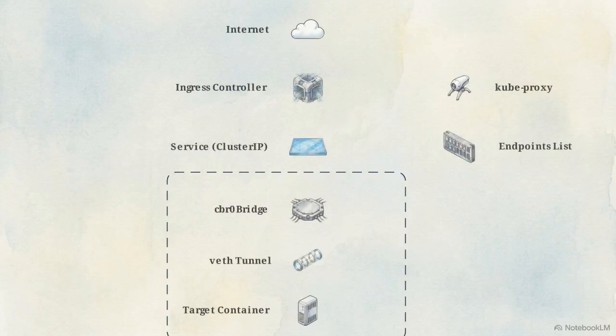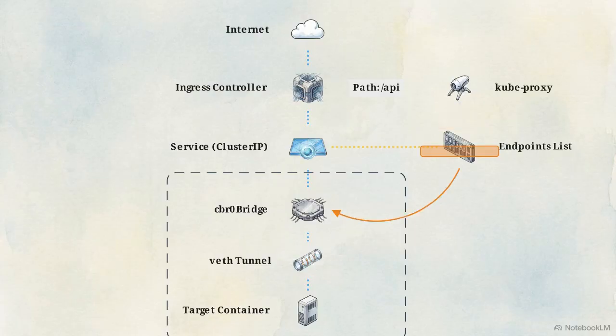the services. To synthesize this entire architectural stack, let's trace a real-world web request top to bottom. The request hits the single public IP of the Ingress controller, which reads the path and hands the packet off to the correct internal cluster IP. The virtual service is immediately resolved against the dynamic endpoints list via kube-proxy, which identifies the precise node housing a healthy pod.